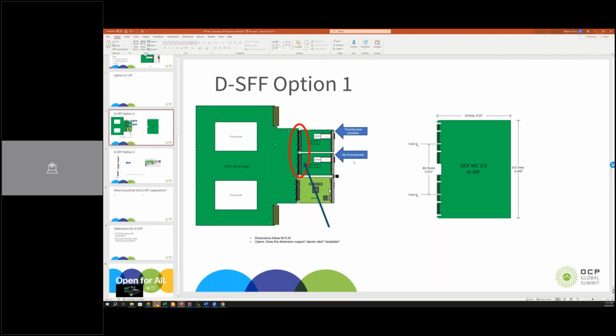Yeah, Paul, it's not only that. When NVIDIA was asked to consolidate its portfolio and minimize the SKUs offering, we decided to have all of our generic OCP cards be only with thumb screw because that's the most common denominator.